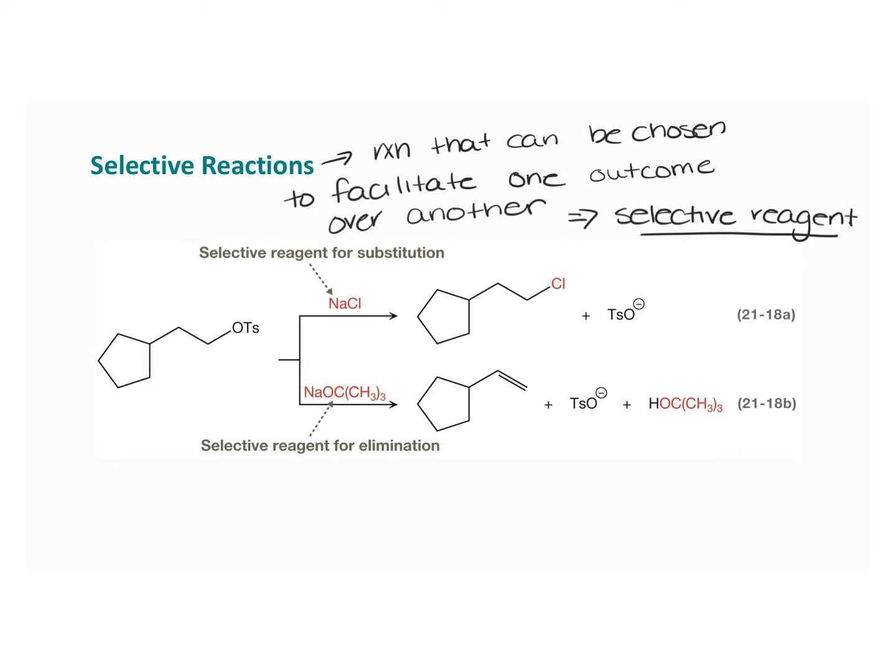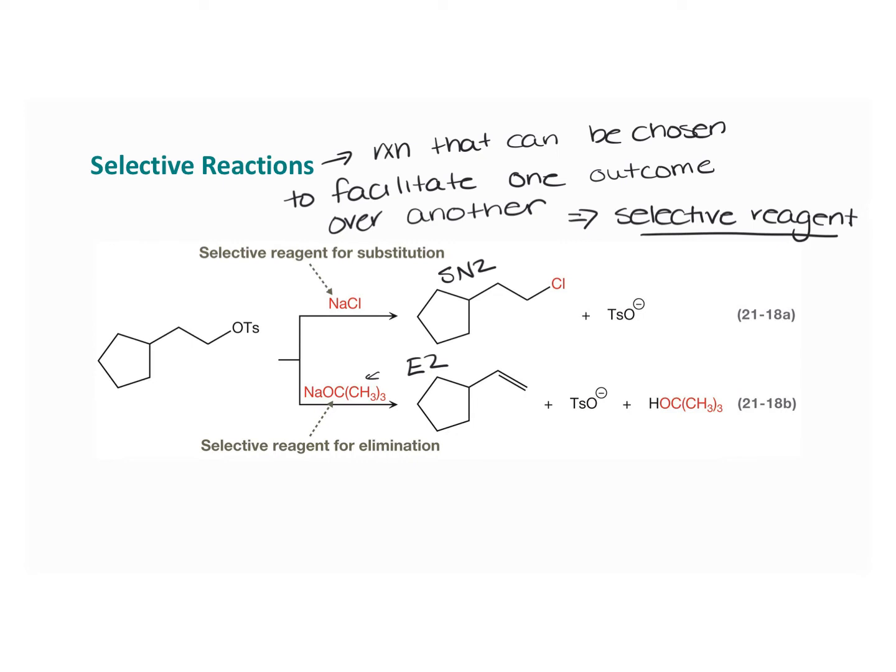So an example of that is that if we use Cl-, which comes from NaCl, it's going to favor an SN2 reaction, right? So this favors an SN2 reaction, whereas if we use the tert butoxide anion that we see here, then that would favor an E2 reaction. So we already have learned to use these selective reagents.